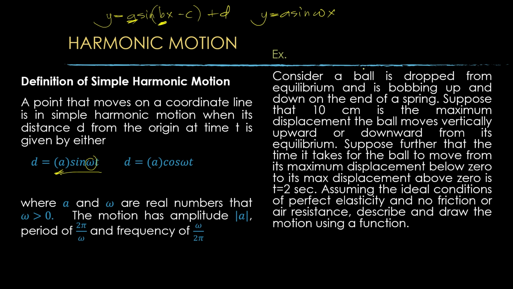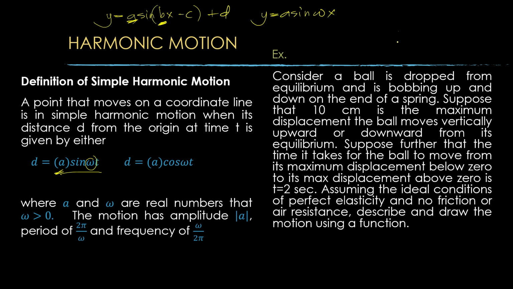So, here's the example. We are to consider a ball which is dropped from equilibrium and is bobbing up and down on the end of a spring. Suppose that 10 centimeters is the maximum displacement that the ball moves vertically upward or downward from its equilibrium.